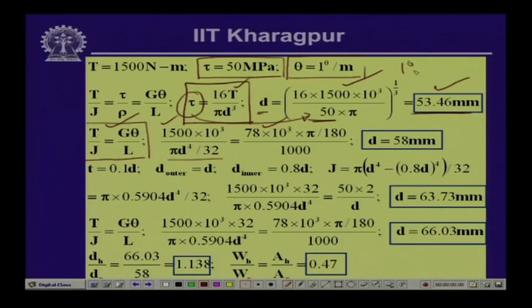So, 1 degree is pi by 180 radian. This is what is used over here, divided by 1000 is the L, and this gives us a value of d equal to 58 millimeter.